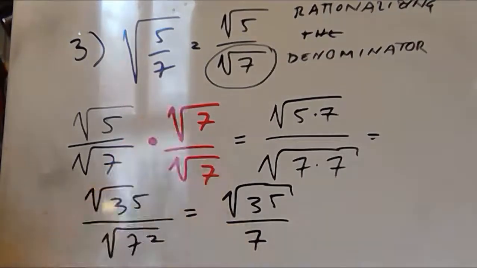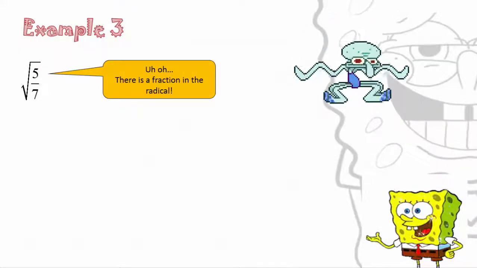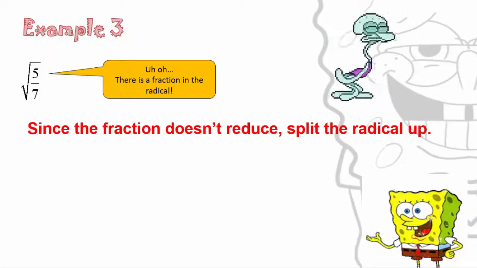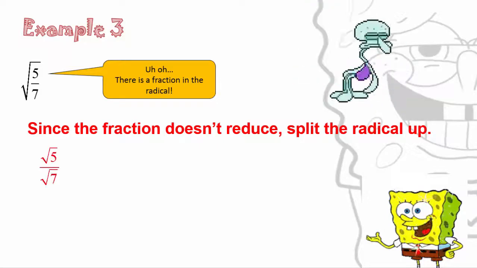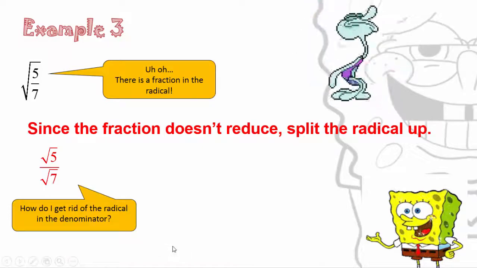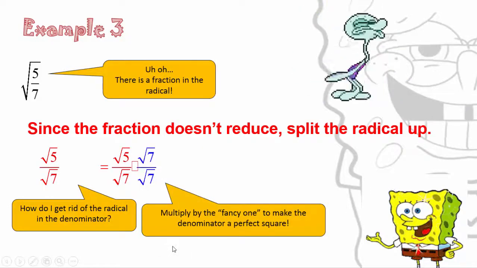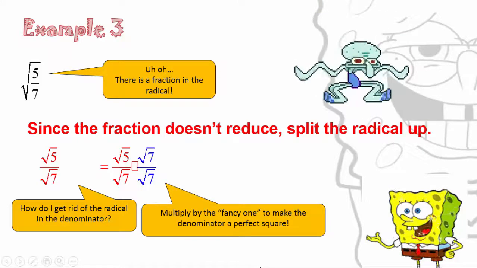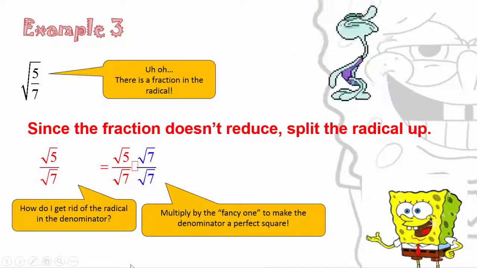This is called rationalizing the denominator. Reviewing what I just did on the whiteboard, since the fraction doesn't reduce, split the radical up. So we did. But how do we get rid of this square root of 7 on the bottom? Well, we multiply by the fancy one to make the denominator a perfect square. And that was the role of doing this.